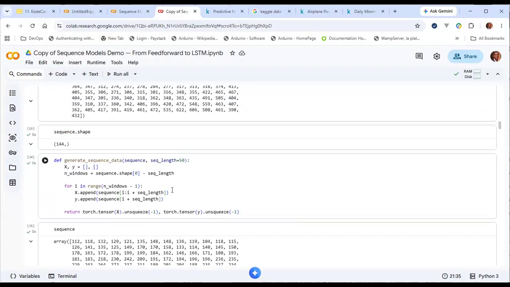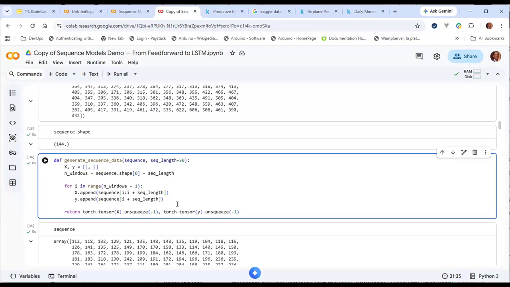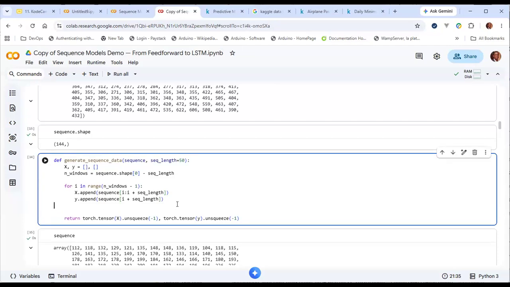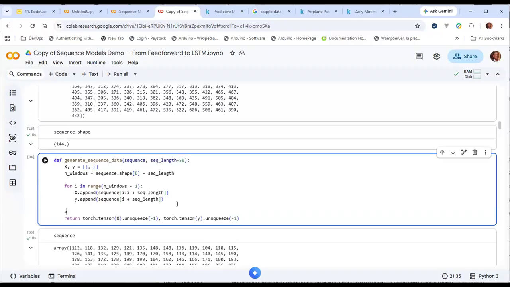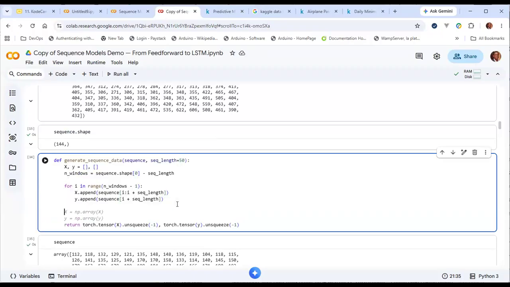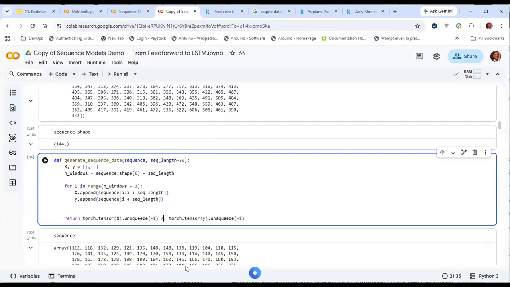We could just do that here. We could just normalize both X and Y data. Because this is standard, we could just divide it by 1,000.